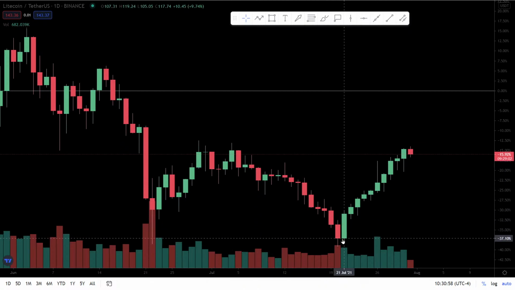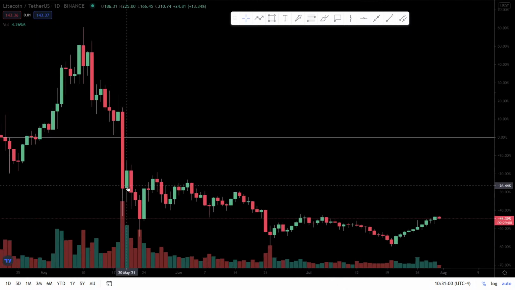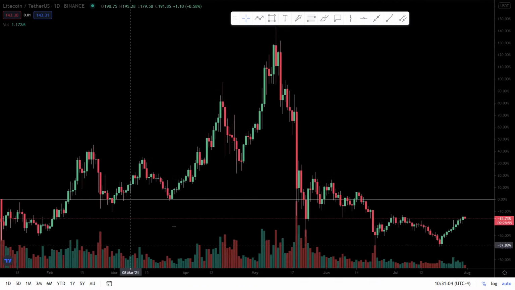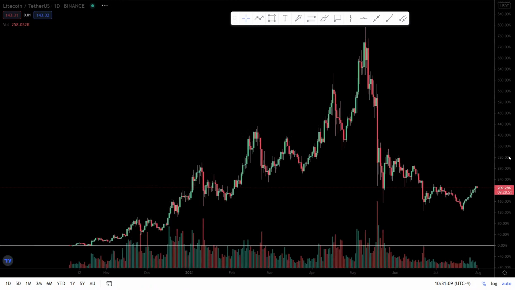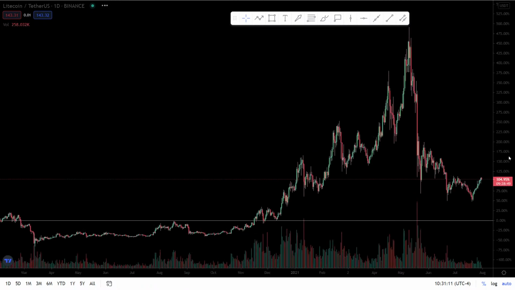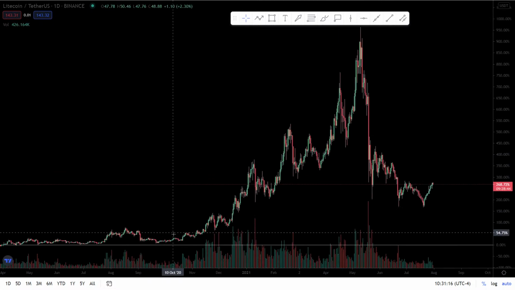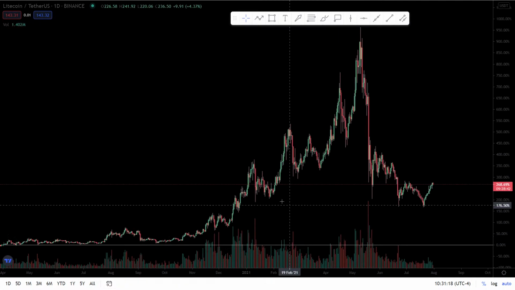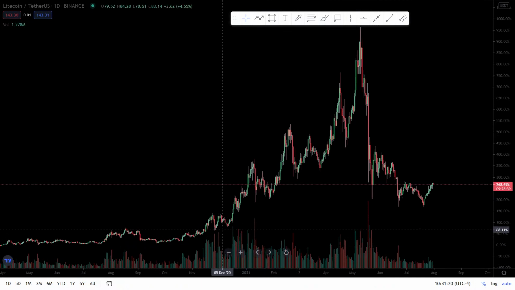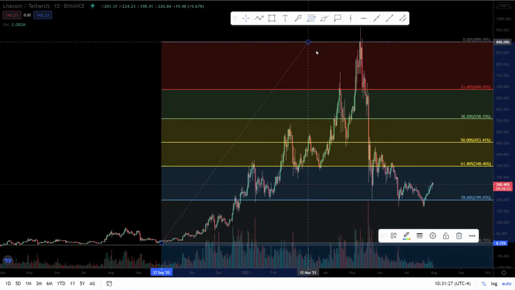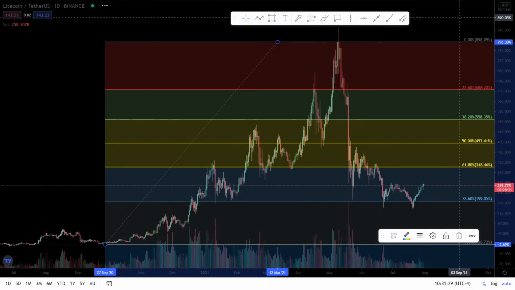It came down to this level, which was, if we draw our fib, let me look for a good point to draw the fib. Just a question of how far out you want to zoom out. We could draw a fib from this nice low. We could decide to take it from here, but I think I want to take it from here. So let's click on this, go low, and then go high. Come out of there and see what we got.